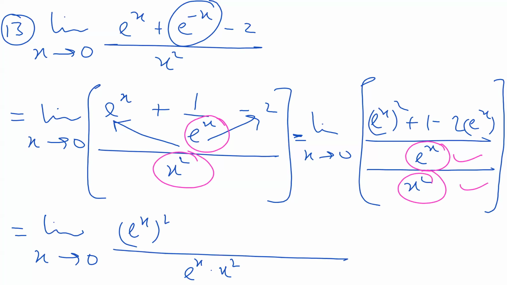Now this part. So the numerator is in the form of e raised to x minus 1 the whole square. Correct. So e raised to x the whole square. This part I will write as minus 2 e raised to x into 1. Putting a 1 over here does not really matter because e raised to x into 1 is e raised to x.